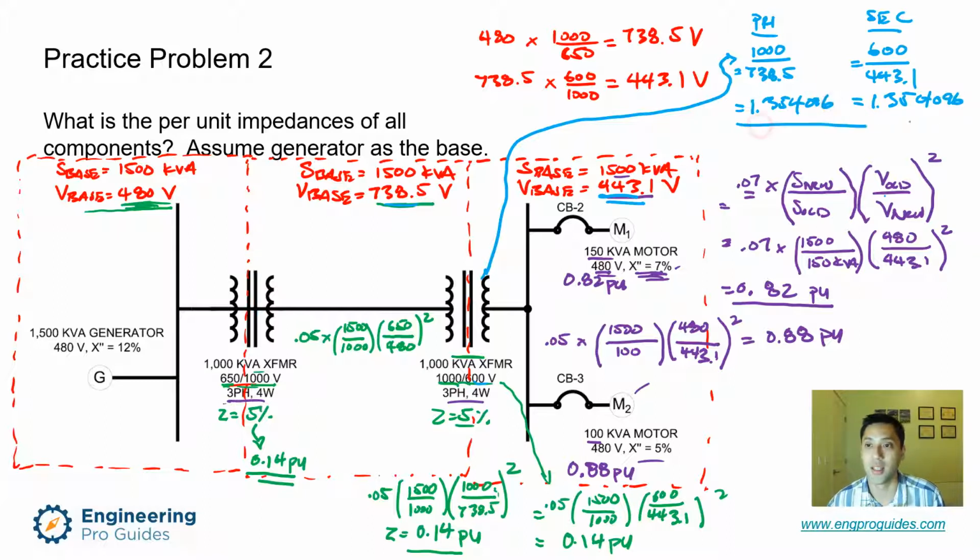So you can see that regardless of whether you're comparing the primary side or the secondary side between your old base and your new base, the resulting per unit values are going to be the same. And that's actually one of the main reasons for using per unit analysis.